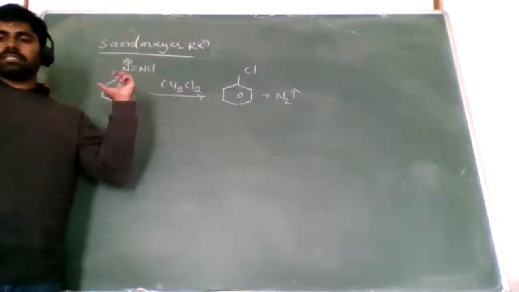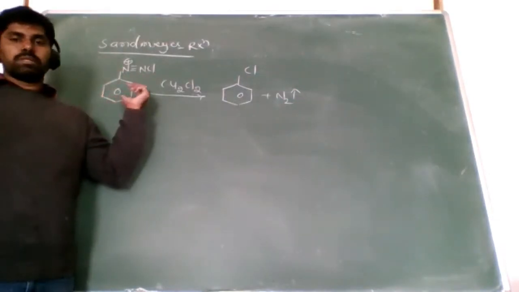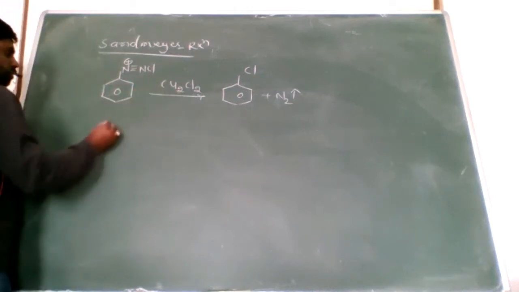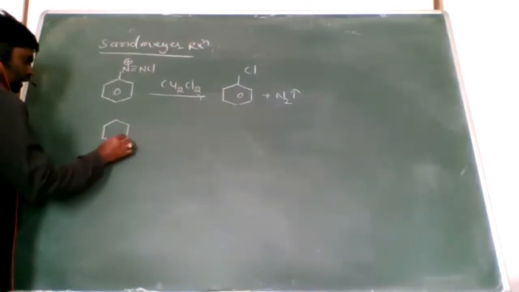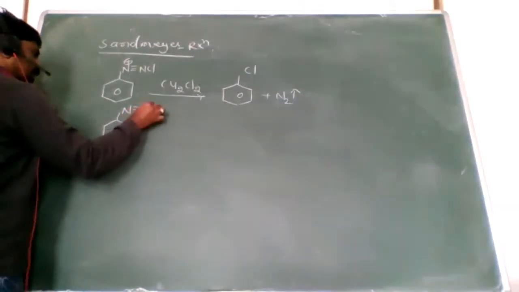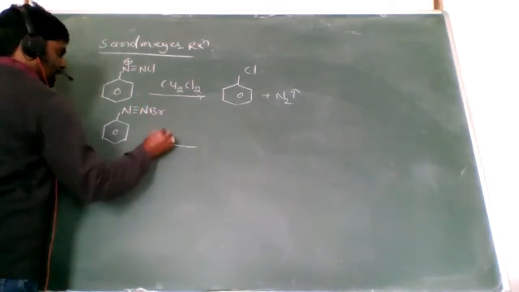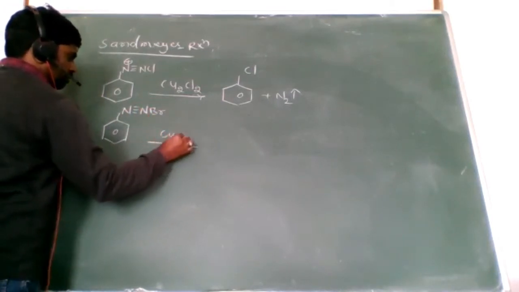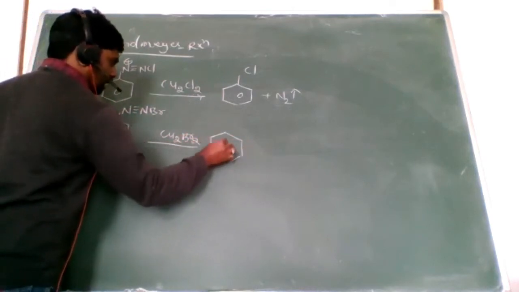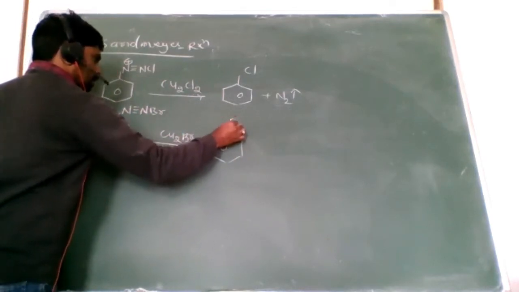Sandmeyer reaction means the diazonium salt reacts with either cuprous chloride, or it may be the diazonium bromide reacting with the cuprous bromide, to form the corresponding haloarenes.